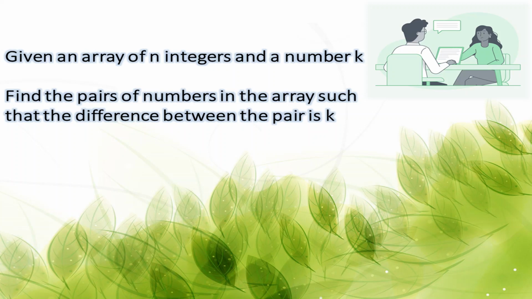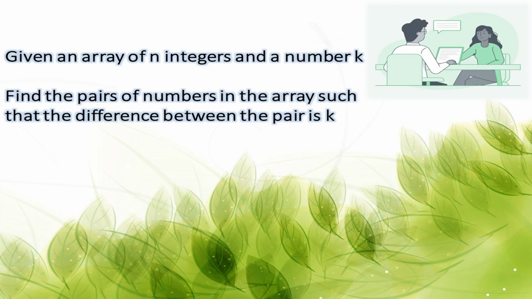I'll run a while loop. For example, L1 and L2 are on the left side of the array, at the first index, and I check that left is less than the size of the array. I'll run that loop, and check if array at L1 minus array at L2 is equal to that integer, 5.